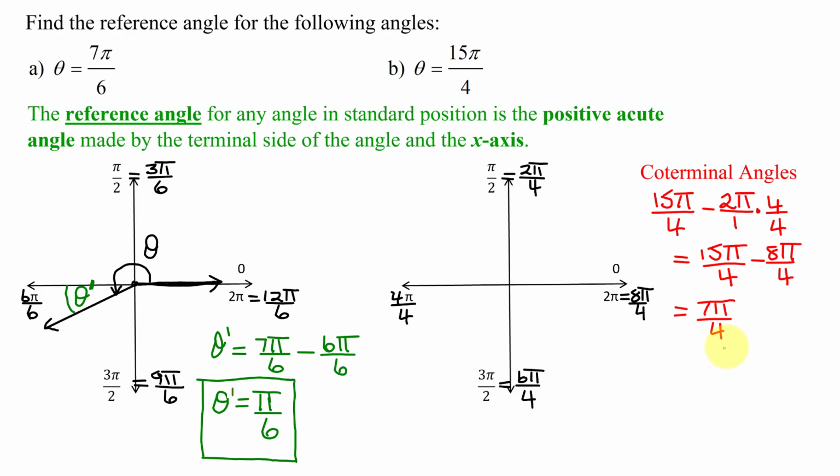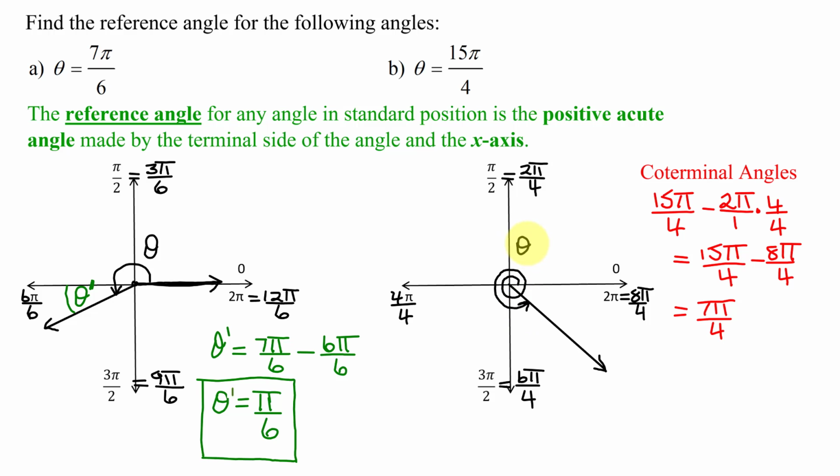Now 7 pi over 4 lies between 6 pi over 4 and 8 pi over 4. So my coterminal angle and hence my given angle are going to terminate in quadrant 4. 15 pi over 4 is 1 complete revolution plus 7 pi over 4.